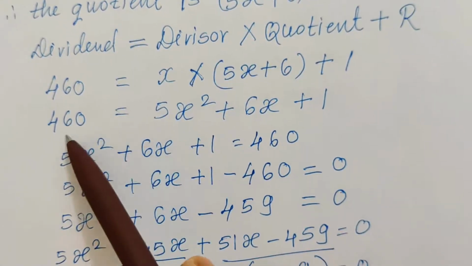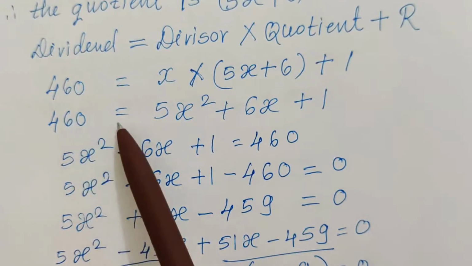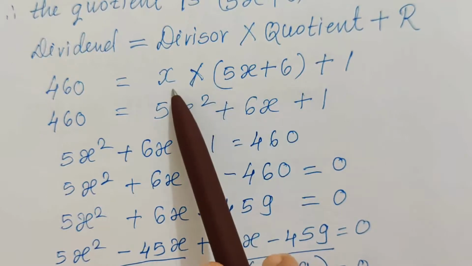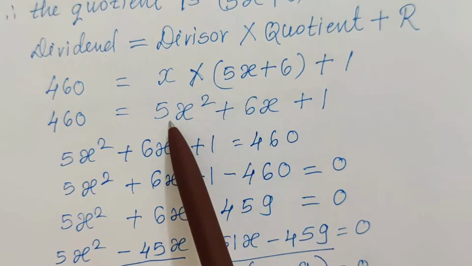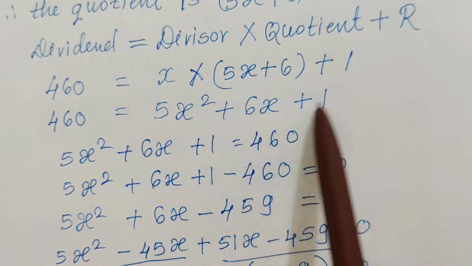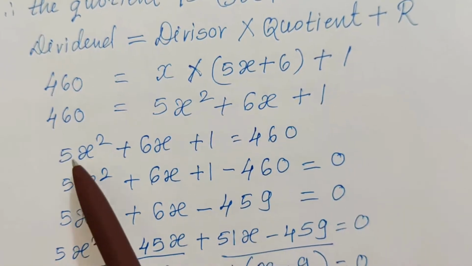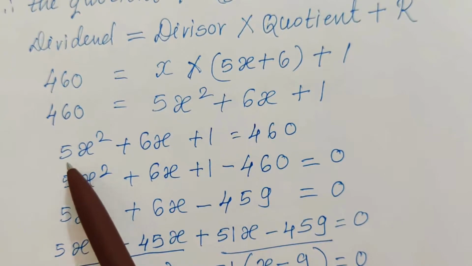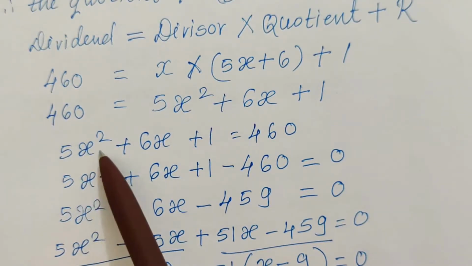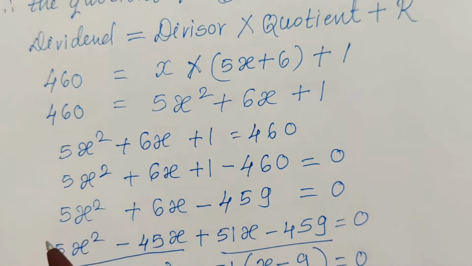Then the second part is calculation. 460 will come down as it is, equal to x multiplied by bracket. So x multiplied by 5x, 5x square, plus x multiplied by 6, 6x plus 1. We try to write it in the standard form of the quadratic equation, that is ax square plus bx plus c equal to 0.